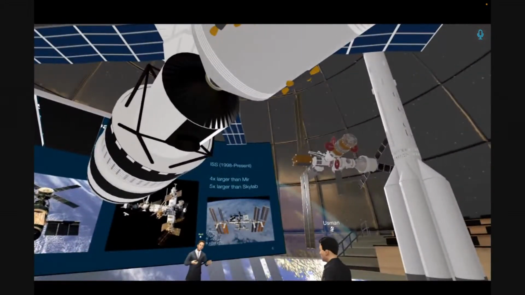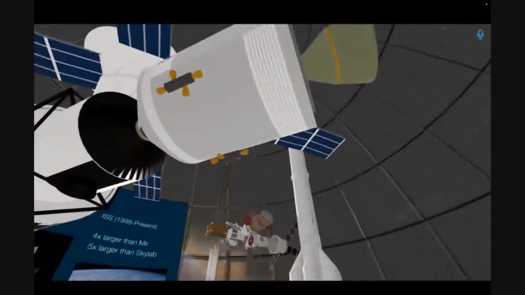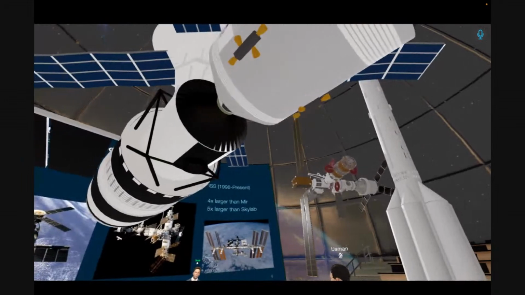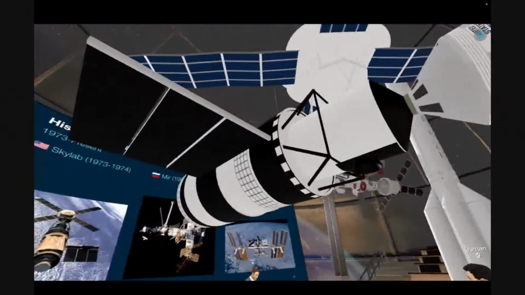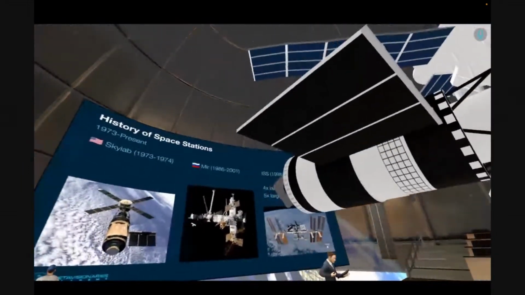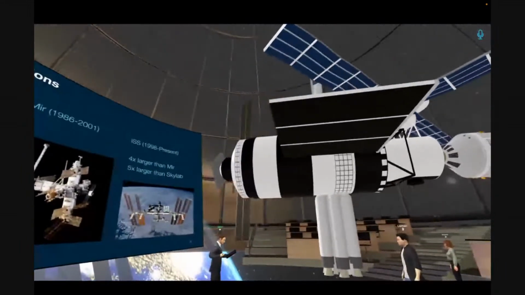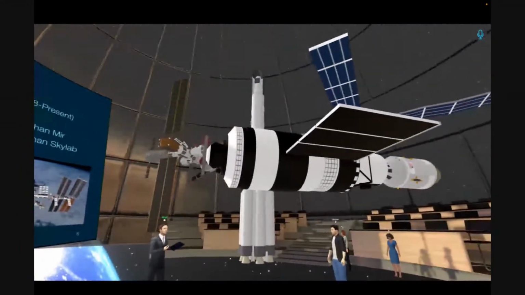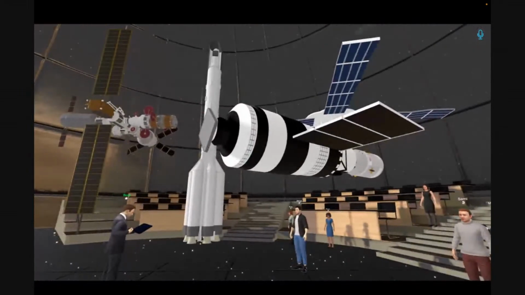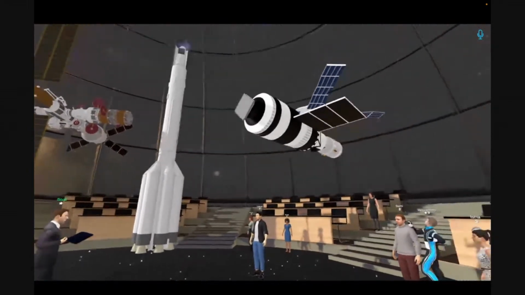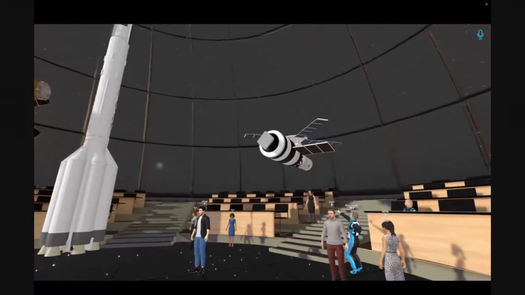And on the back of it is the Apollo capsule that brought crew members to the space station and transported them back home. So that, again, orbited the Earth from 1973 to 1974, but it was decommissioned and made way for future space stations.